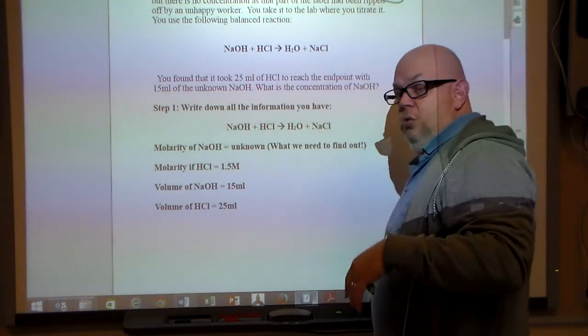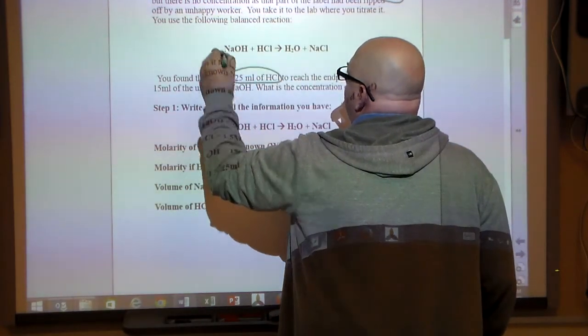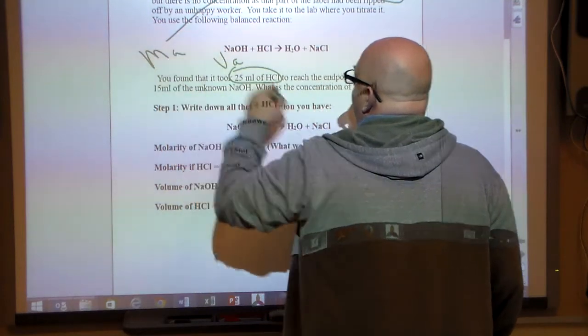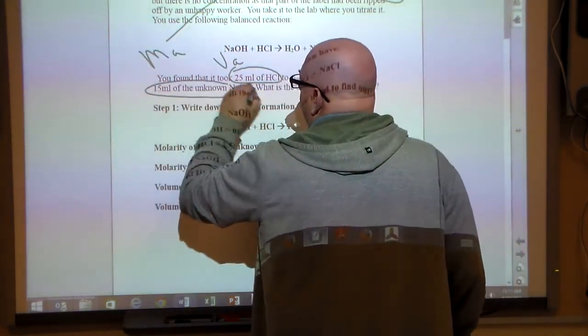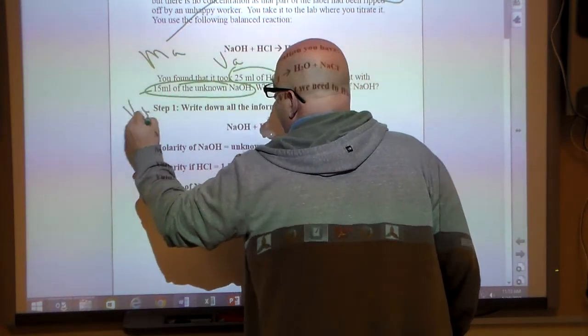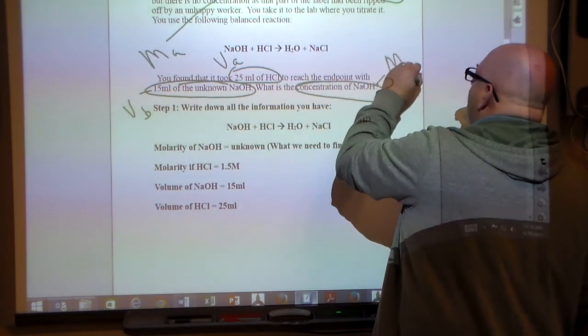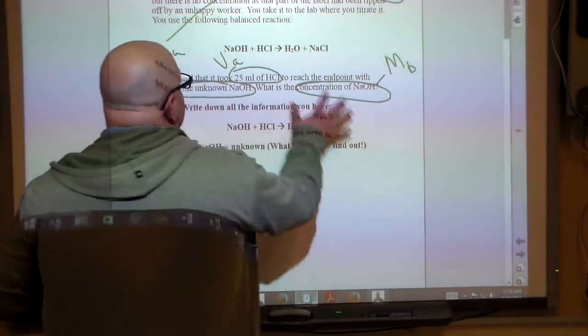That's probably what they want us to find. Here we have a volume for the acid and the molarity of the acid. We have a volume of our base, and then the molarity of our base, which we don't know. That's what we're trying to find.